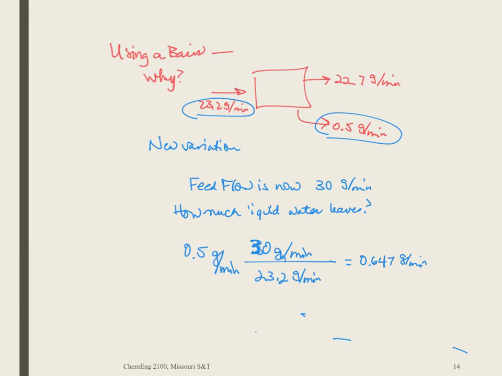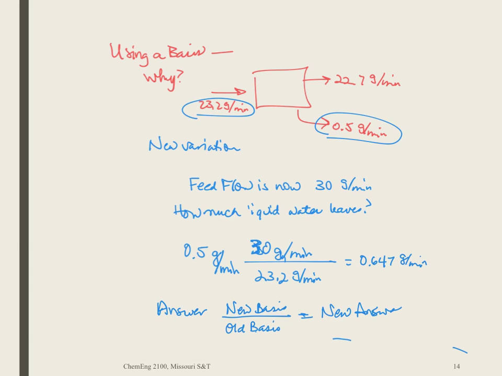In this particular case, I can use this as a scaling factor. So the answer I want: start with the old answer, divide by the old basis, multiply by the new basis, and that will get me the new answer.